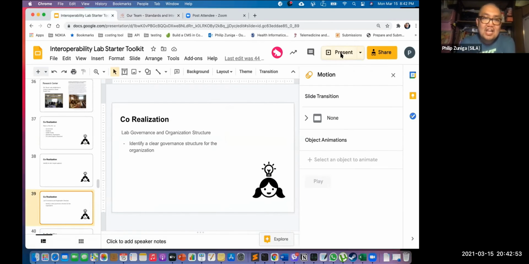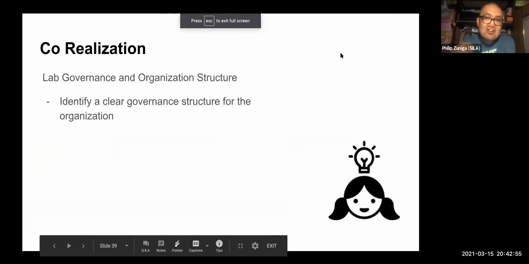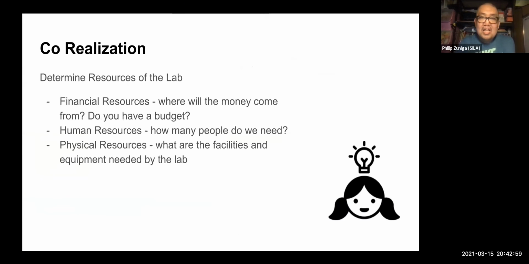So going back to my slide, we need to have a clear governance structure for the lab. And then another part of the core realization phase is, of course, we need to determine the resources for the lab. So when we say resources, we need to know, where will the financial resources come from? Where will the money that will support the lab come from?